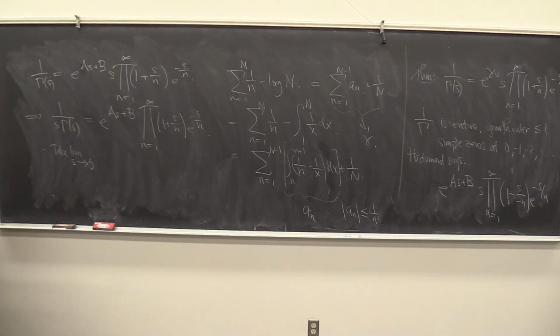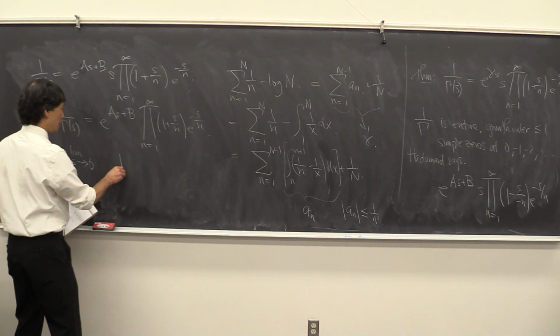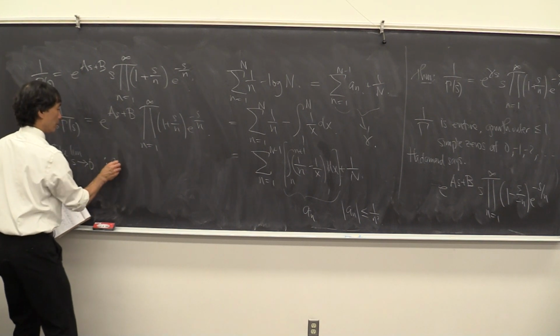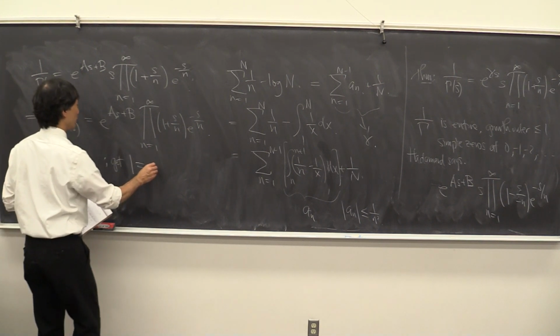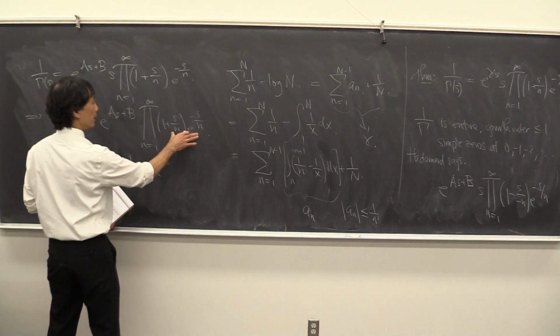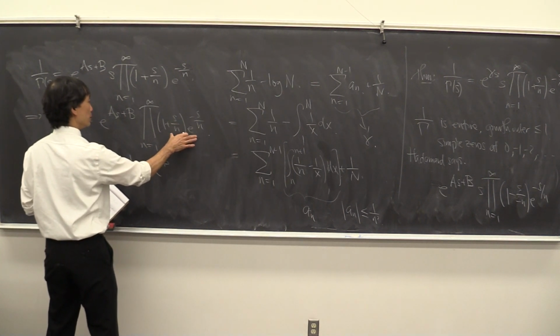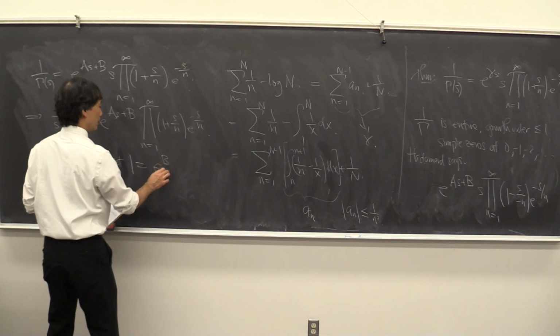Sorry. This, by the functional equation, is going to be 1 over gamma of s plus 1. So as s goes to 0, we get gamma of 1, which is just 1. So the left-hand side is 1, and 1 equals e to the b, and then this thing is going to turn into, again, 1.